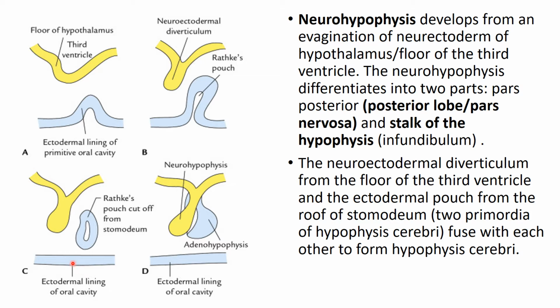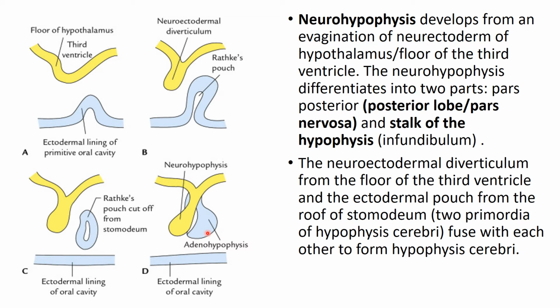Then this Rathke's pouch gets completely cut off from the ectodermal lining of the oral cavity. But this diverticulum from the forebrain vesicle retains its attachment with the forebrain vesicle, and this forms the neurohypophysis, also called the posterior pituitary.